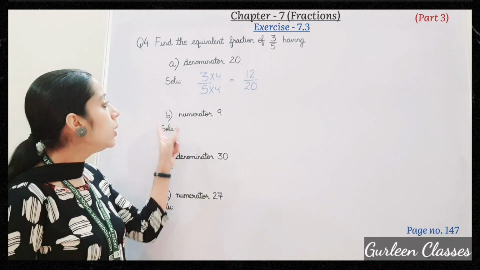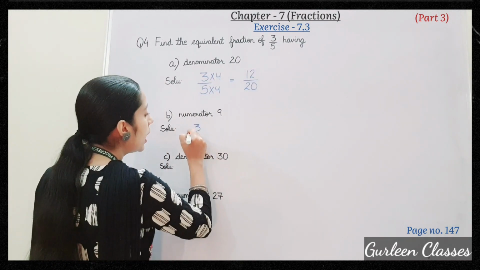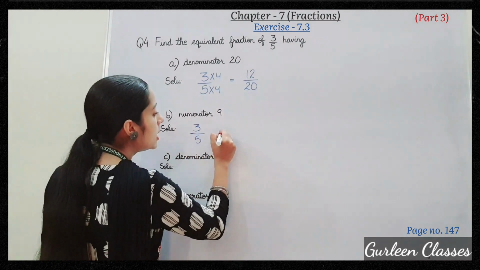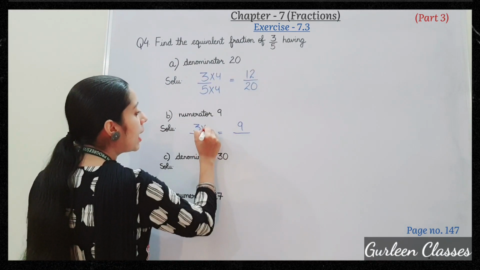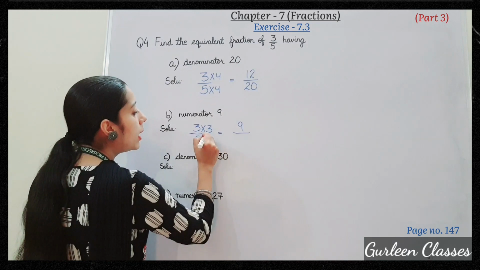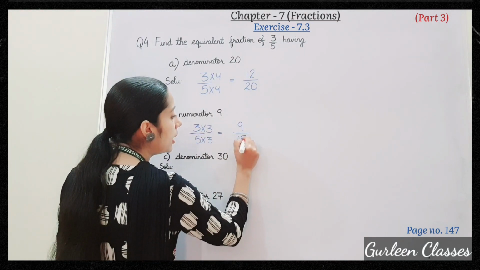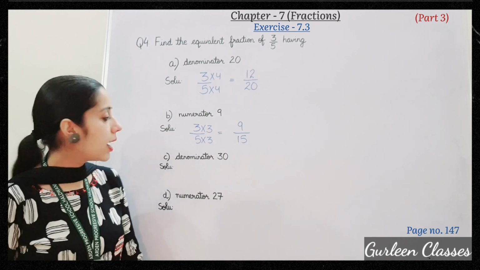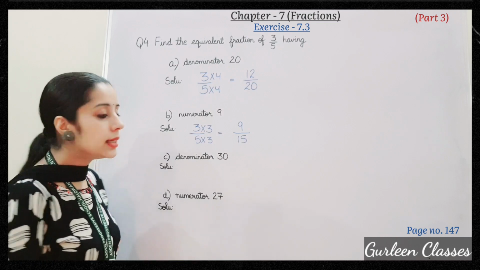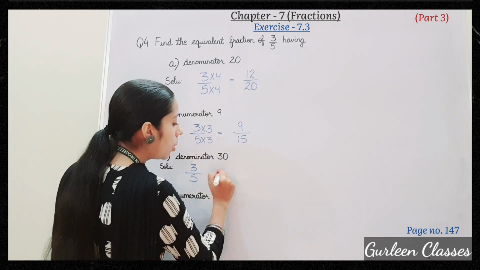B: numerator 9. So 3 upon 5 is equal to 9 upon box. 3 multiplied by 3 is 9. Multiply the denominator also by 3. 5 3s are 15. The fraction is 9 upon 15. C: denominator 30. So the fraction is 3 upon 5 and the denominator is 30.